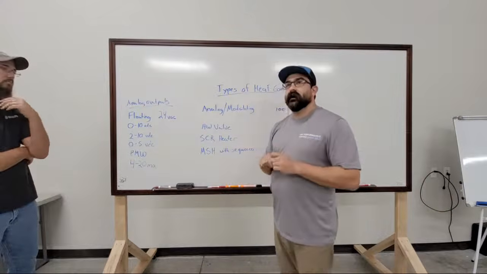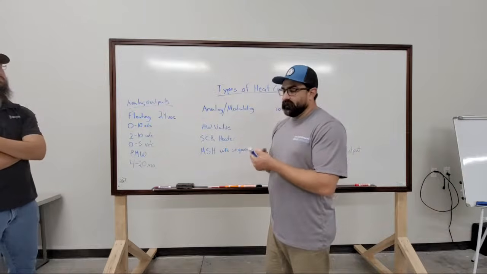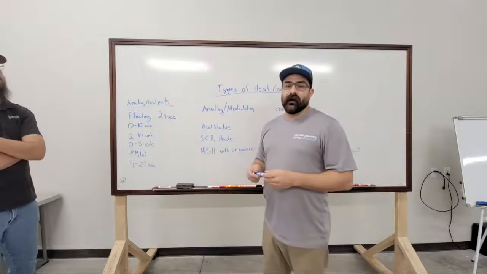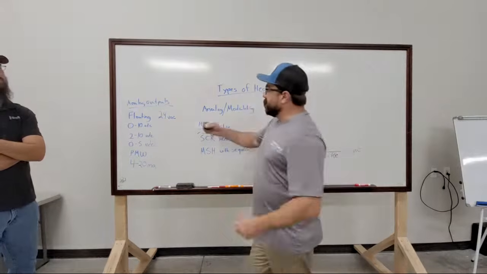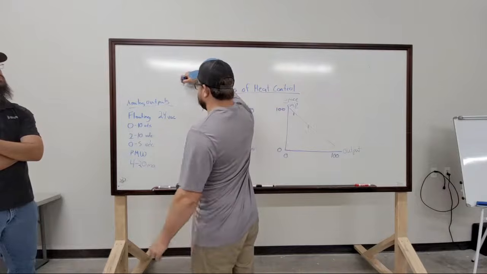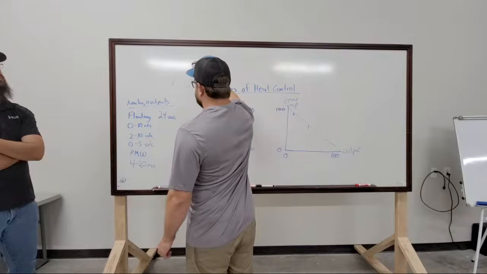If you have a floating actuator, it will have a 90-degree time listed on it. That's the amount of time the damper or actuator takes to travel from 0 to 90 degrees, or 100%.